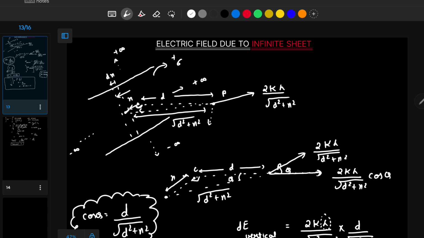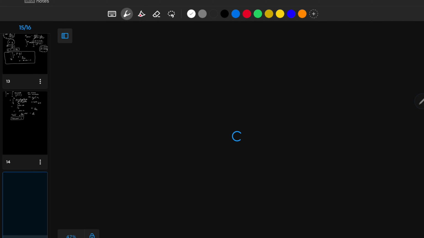If I take an element in the opposite direction, its horizontal component is going to come in the opposite direction. They are both equal, so they will cancel out. So there will be no electric field in the horizontal direction.